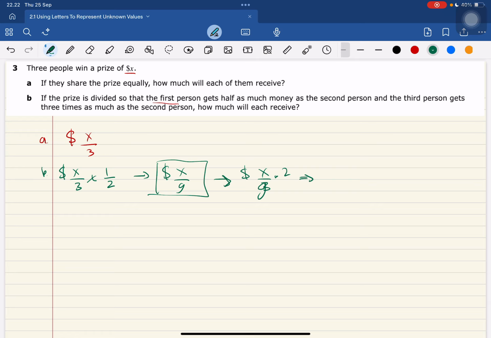So the second person will get 2x over 9. The third person gets 3 times as much as the second person. So for the third person, we take 2x over 9 and multiply it by 3. This will give us the answer of 2x over 3 for the third person.